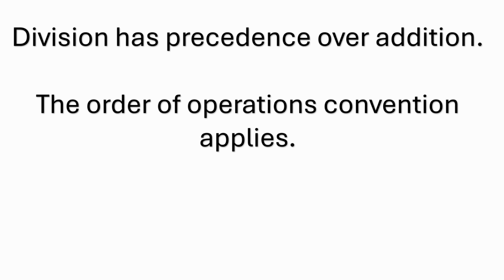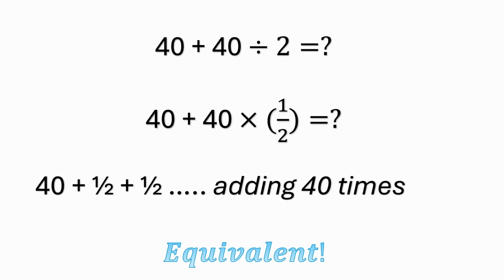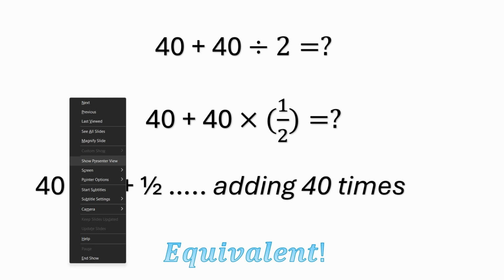But division is the same thing as multiplication by a reciprocal. And multiplication is just a shorthand for repeated addition. That's all multiplication is. So 40 divided by 2 is the same thing as saying 40 times 1/2. And what is 40 times 1/2? That's the same thing as adding 1/2 40 times.